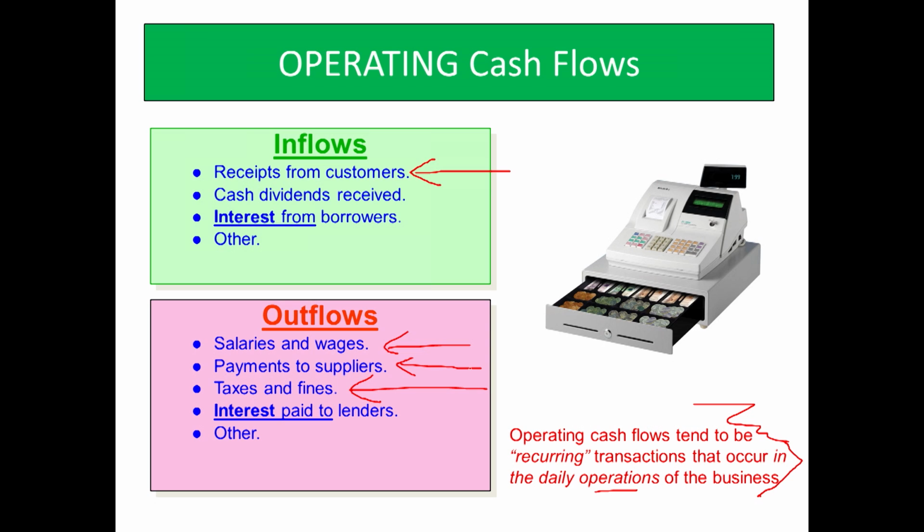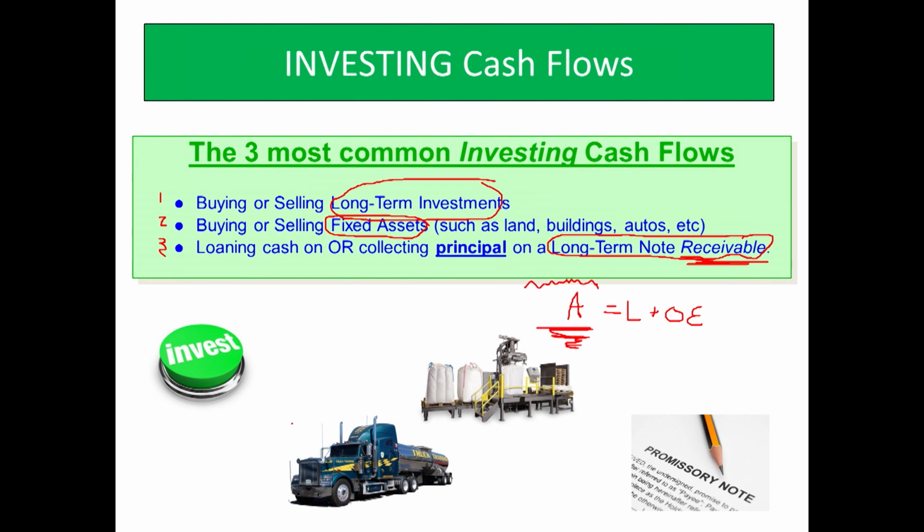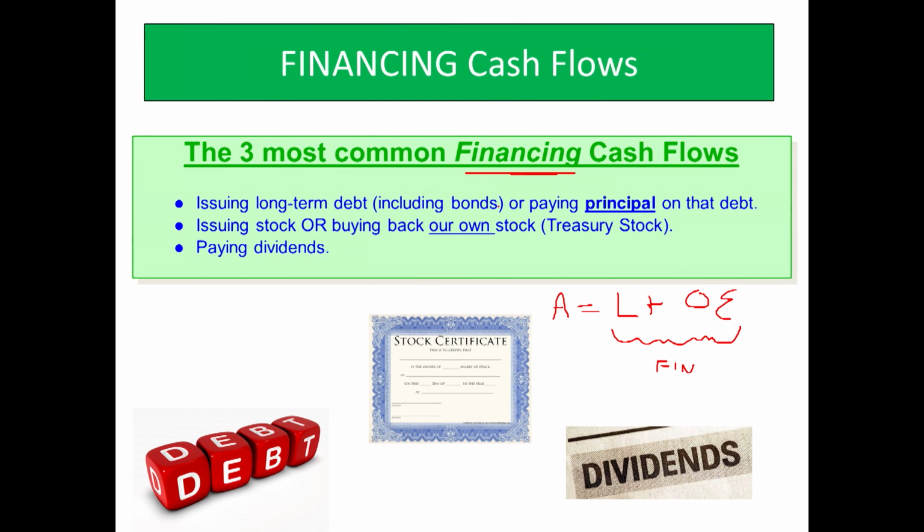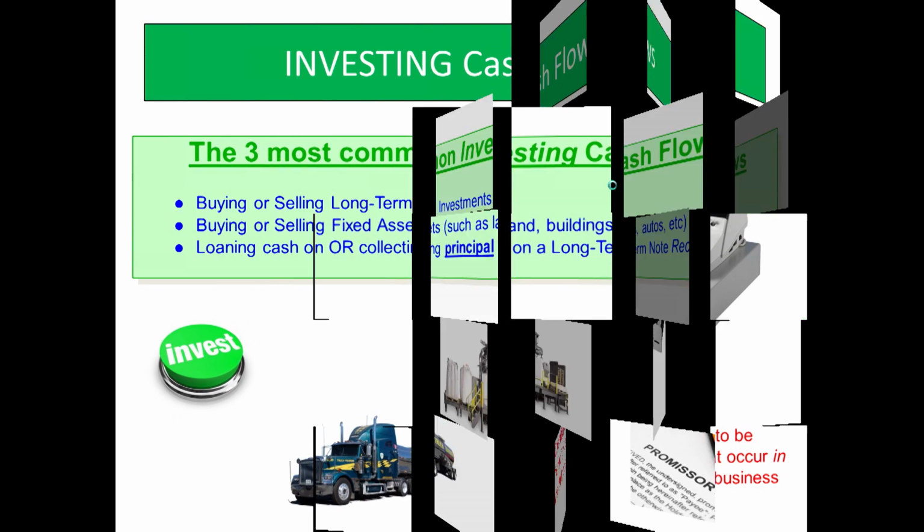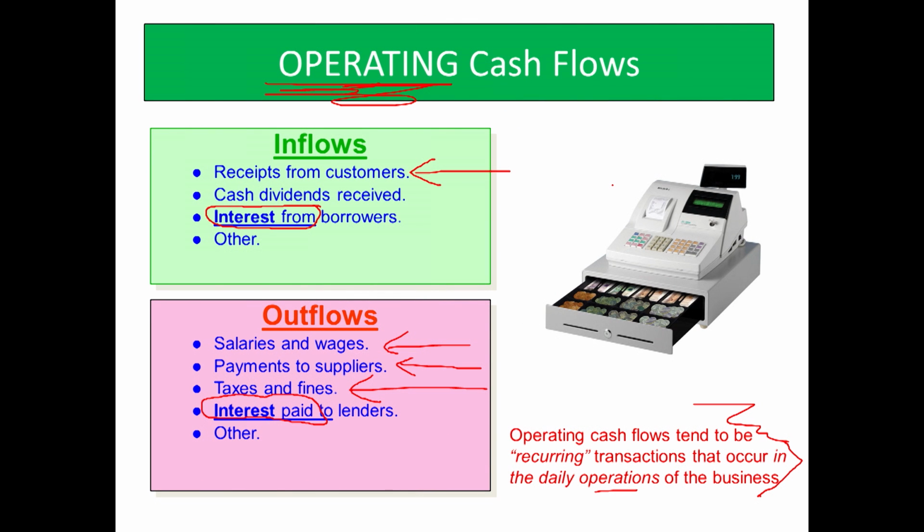Now notice a few of these that are in this category of operating cash flows. Notice that if you receive interest or if you pay interest, it is an operating activity. That was why on these slides I underlined principal right there and right there. Because if you pay or receive interest, it is an operating activity.